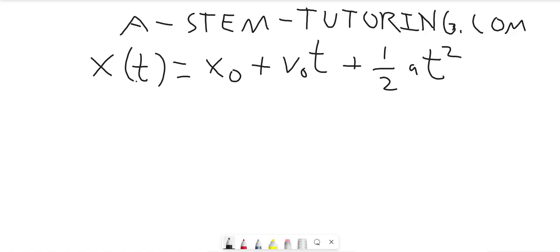If we want to find the velocity at time t, that equals the derivative of the position, x prime of t.